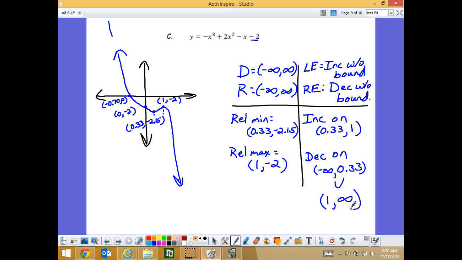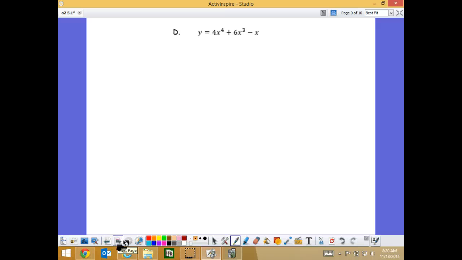So we are increasing on the interval 0.33 to 1, and decreasing on -infinity to 0.33, and also on 1 to infinity. So that is graphing and analyzing these functions.